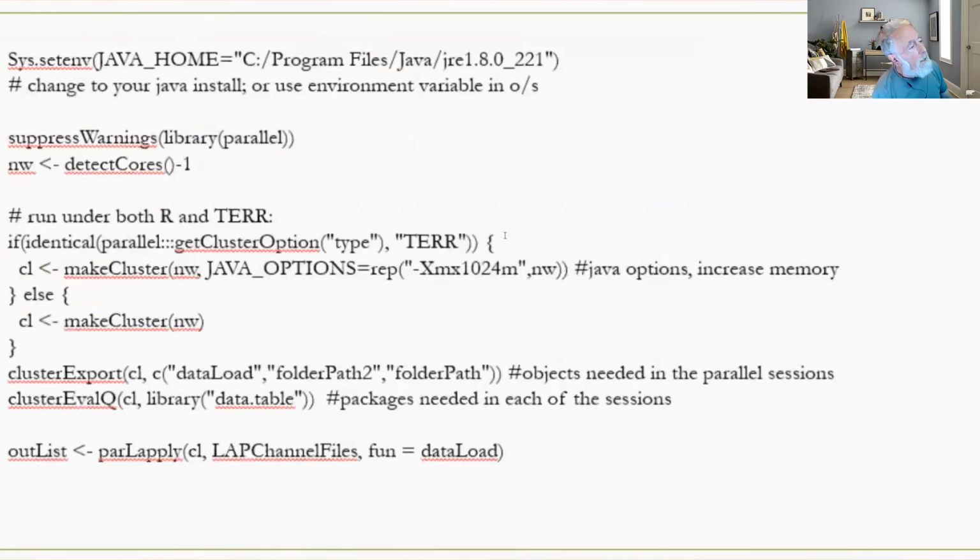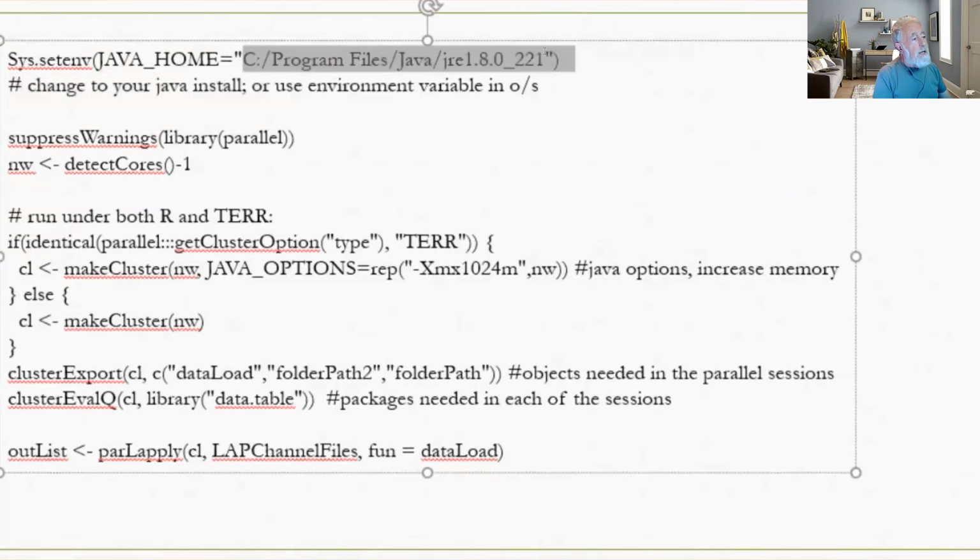The thing that's a little bit challenging for people is that you have to have a working Java installation. Java doesn't get in the way very much, but it's used behind the scenes to start up these parallel sessions.